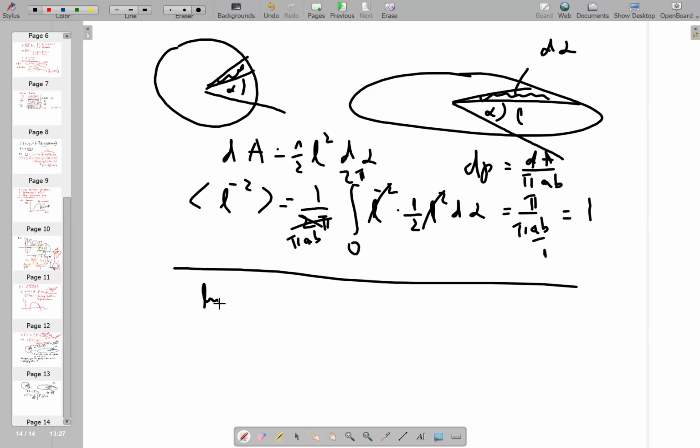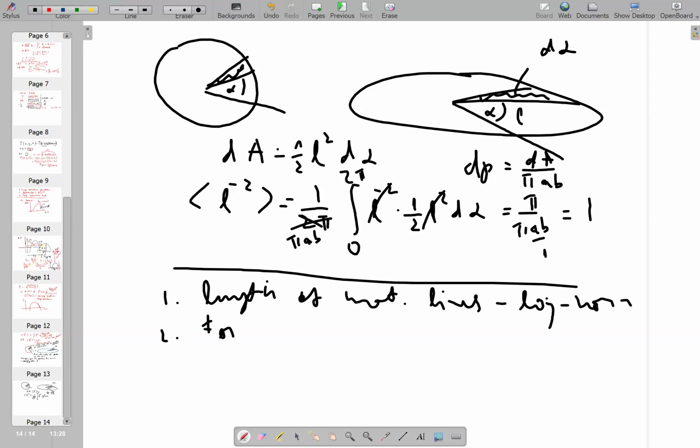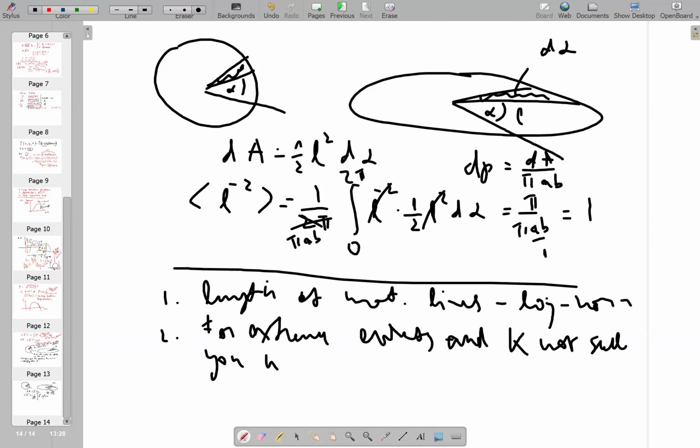Second, for extreme events and Kubo number not small, you need to consider the large deviation function.